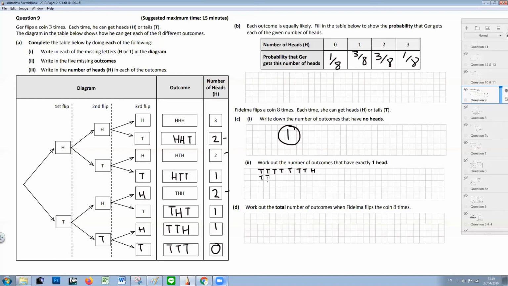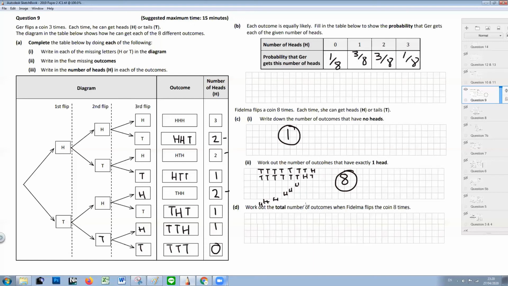It's a tail, tail, tail, tail, tail, tail, head, tail. So we can see that this is going to go in this format. So it's going to be a head, a head, a head, a head, a head, and a head. So there are 8 scenarios where she could possibly do that. And that's the easiest way to work it out in your exam. Imagine what it would be like for 1 scenario and then see how it's going down that way.